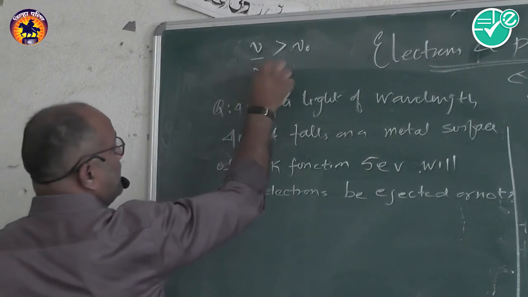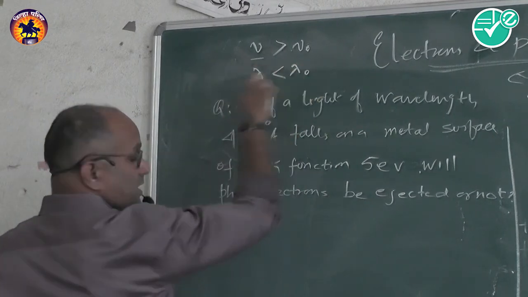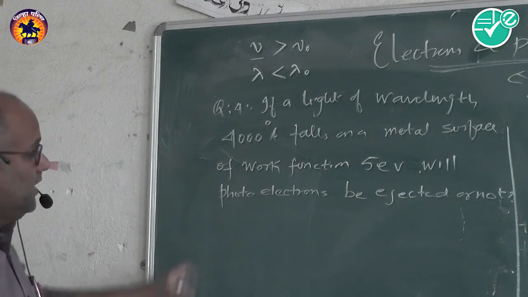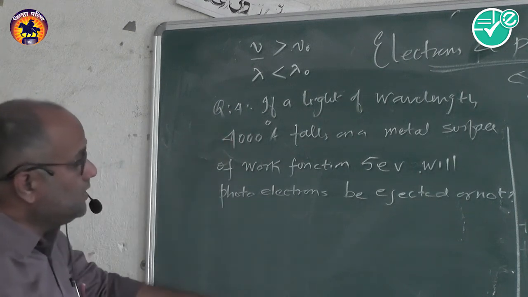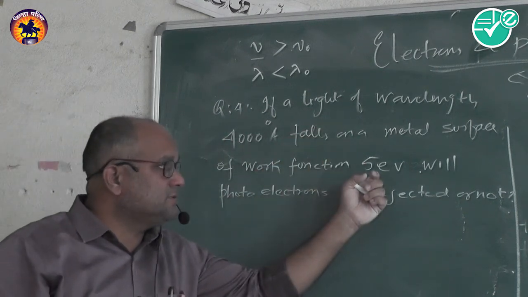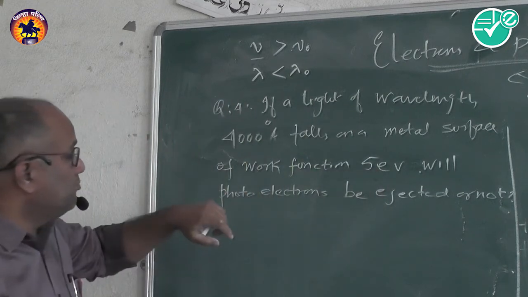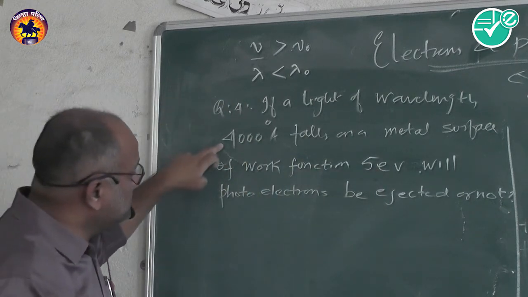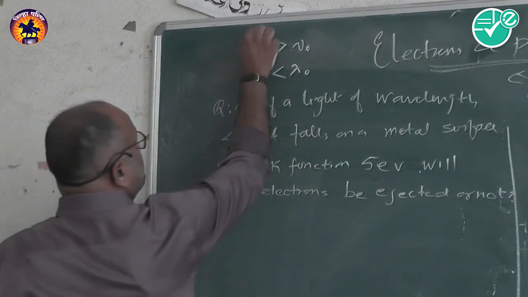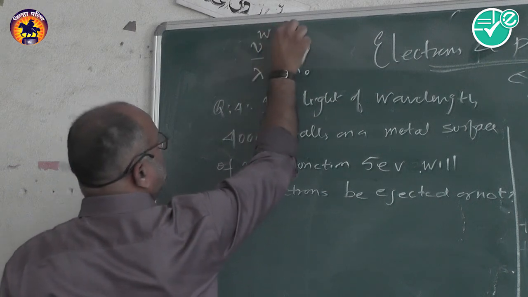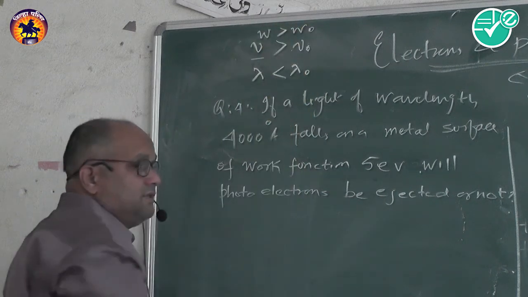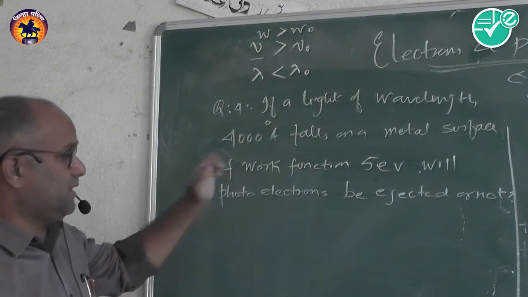Similarly, lambda should be less than lambda 0, then emission will take place. Our third characteristic is that W should be greater than W0. We have to convert to any one of these characteristics.